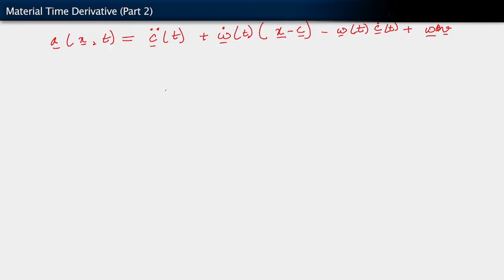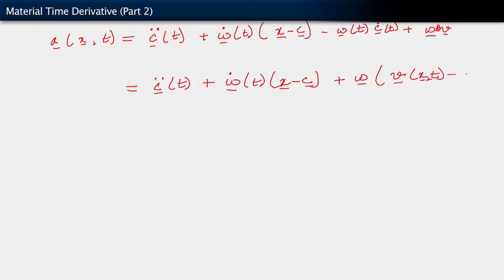Rearranging, we get c double dot function of time plus omega dot function of time acting on x minus c plus omega acting on v of little x and t minus c dot function of time.